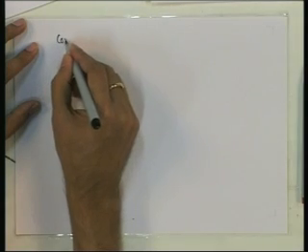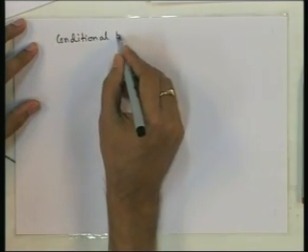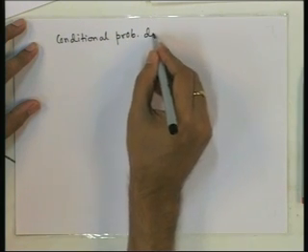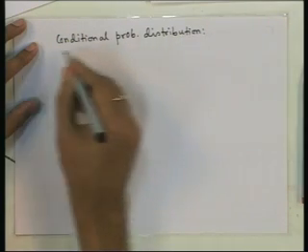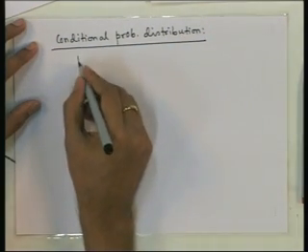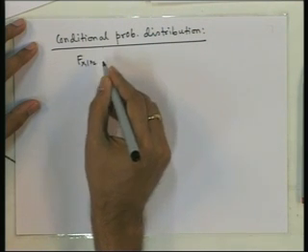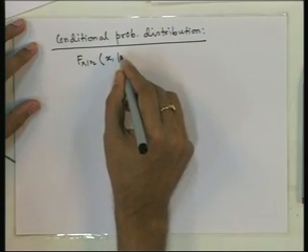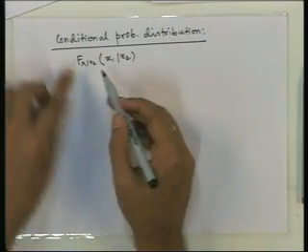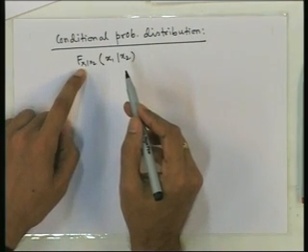So, the conditional probability distribution of x1 given x2, that is, if we know that the value of x2 is small x2, then what is the cumulative distribution function?